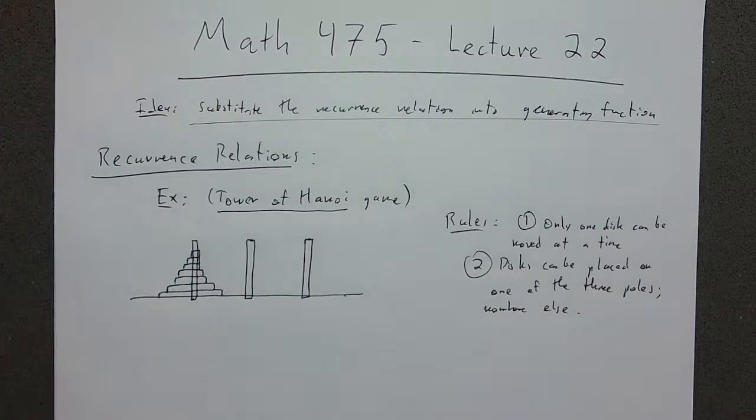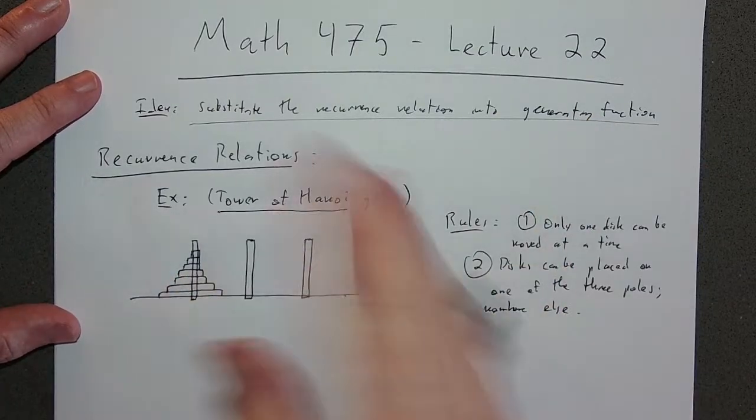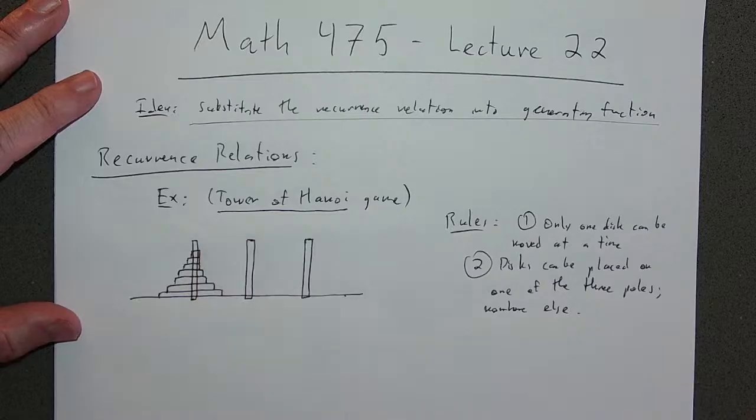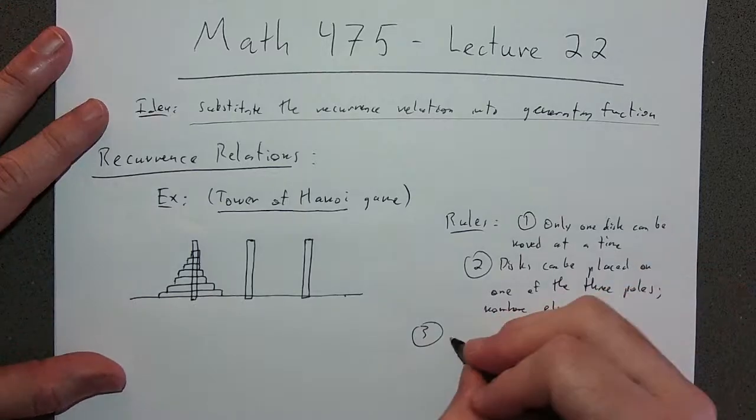So when you are moving a disc, you don't have the option of holding it in your hand, putting it down not on the poles. It's got to go onto a pole. And the last rule: a larger disc cannot be placed on top of a smaller one.